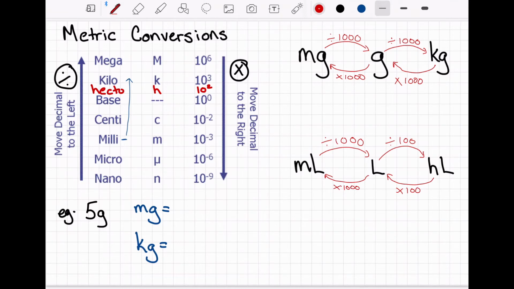So if I had 5 grams, what would it be in milligrams or kilograms? Let's set up this calculation. So I have 5 grams. I like to start with the value I'm given. And then I know I want to get to milligrams. And I'm going to need to put grams on the bottom so that the 2 units can cancel out.